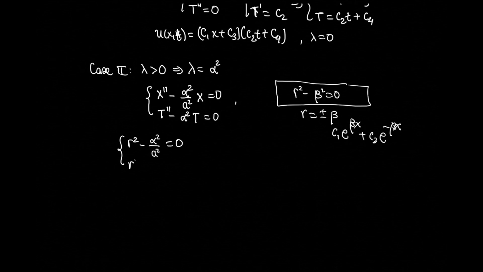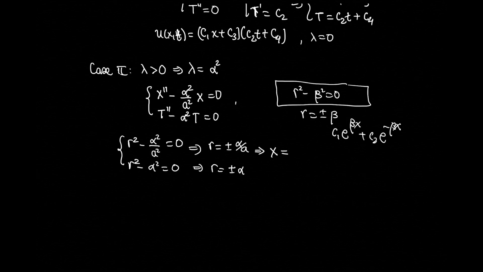And here you have r squared minus alpha squared equal to 0. For the one on top, you have r equal to plus or negative alpha over a. For the one at the bottom, you get r equal to positive or negative alpha.